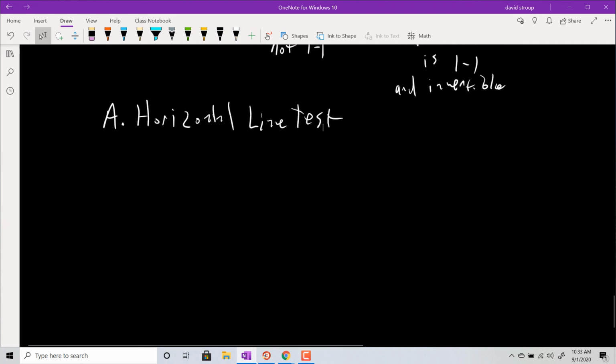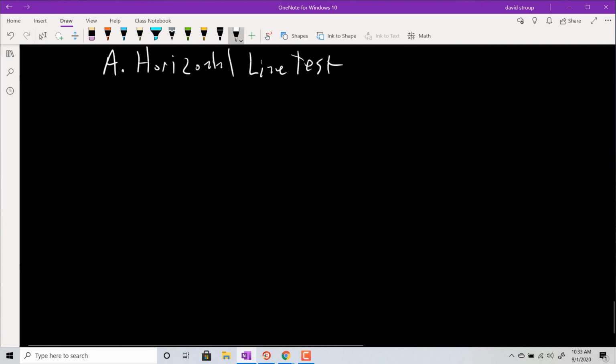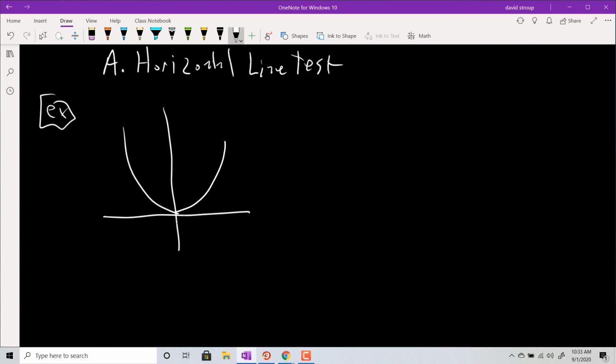Some of our favorite functions are not invertible. So, example, y equals x squared. f of x equals x squared. So it is a function. It passes the vertical line test, but it's not one-to-one because it fails the horizontal line test.